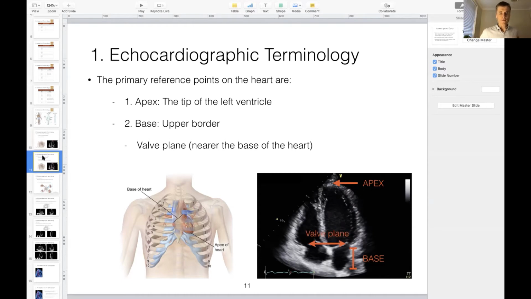Another thing that's valuable to remember is that the valves, generally speaking, lie along a horizontal plane about a third of the way down from the superior margin of the heart. They're not in one exact horizontal line, but very similar.